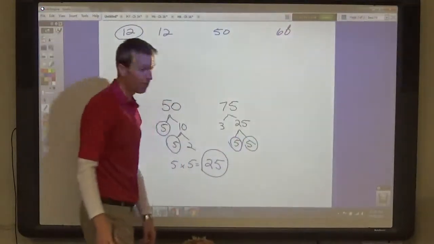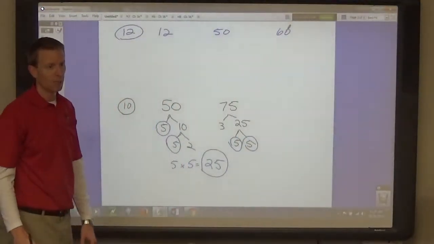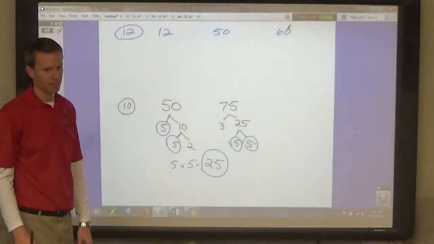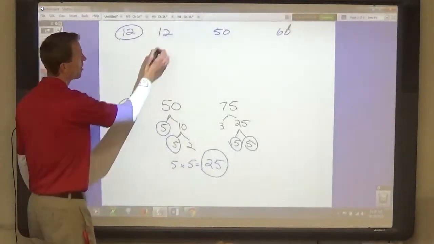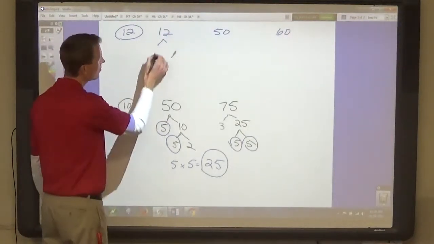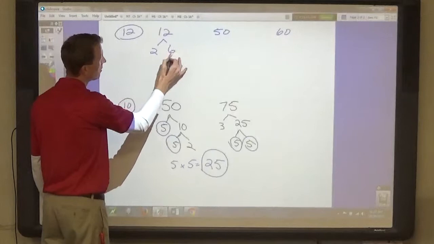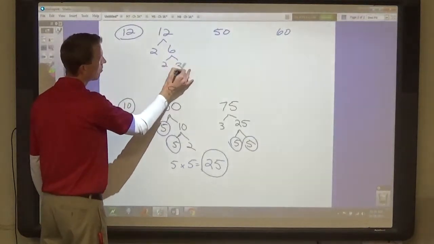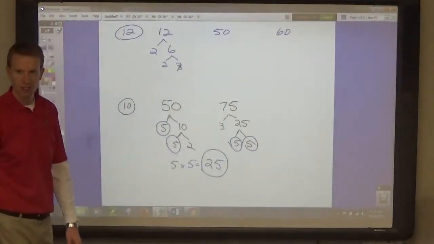Now, you could list all the factors of those, but this way is going to be faster, trust me. We factor 12. We know that's 2 times 6 and 2 times 3. That's the prime factors.